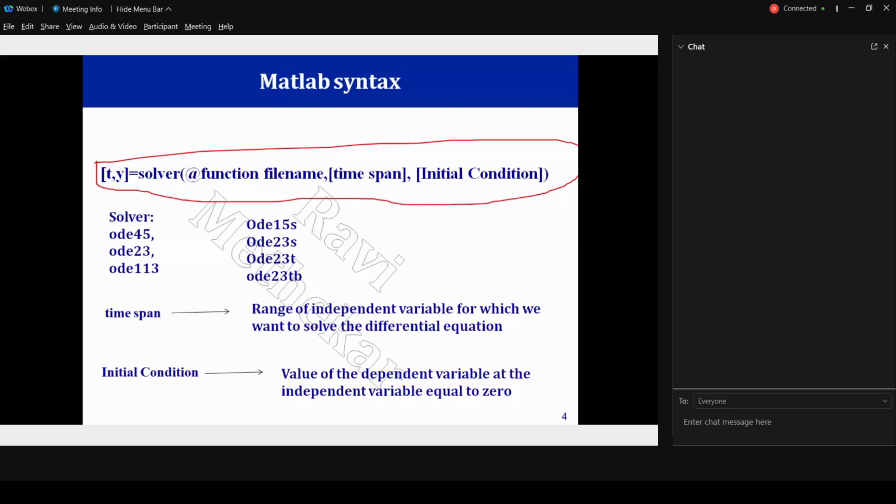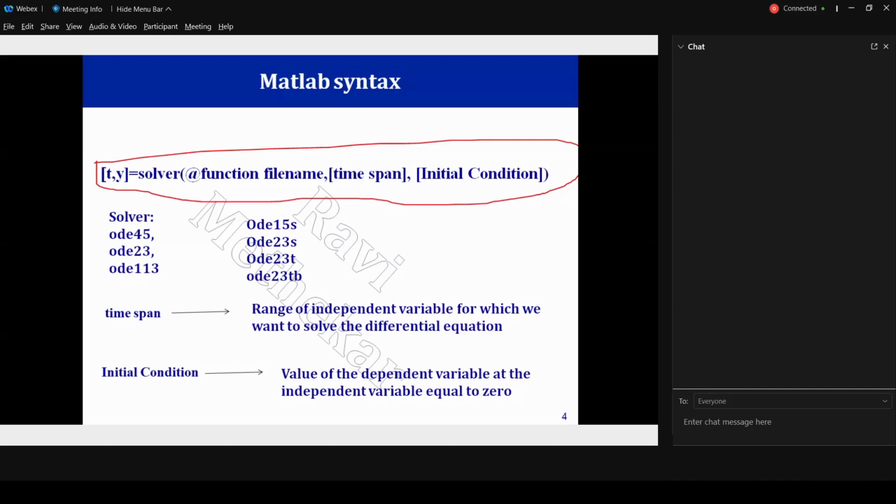Solver is a common name for any language. A solver is the code which has been written based on the logic given by, let's say, Newton-Raphson or Runge-Kutta methods or discretization methods, and so forth. So we need a solver to solve these differential equations.